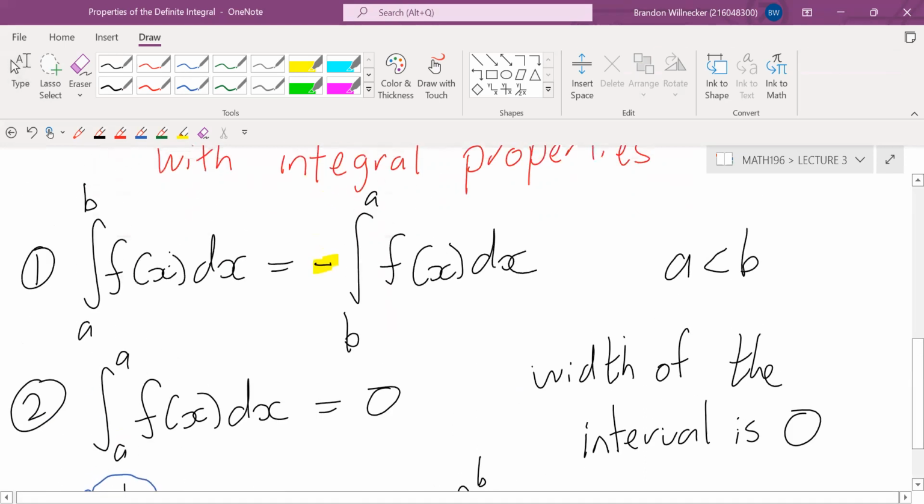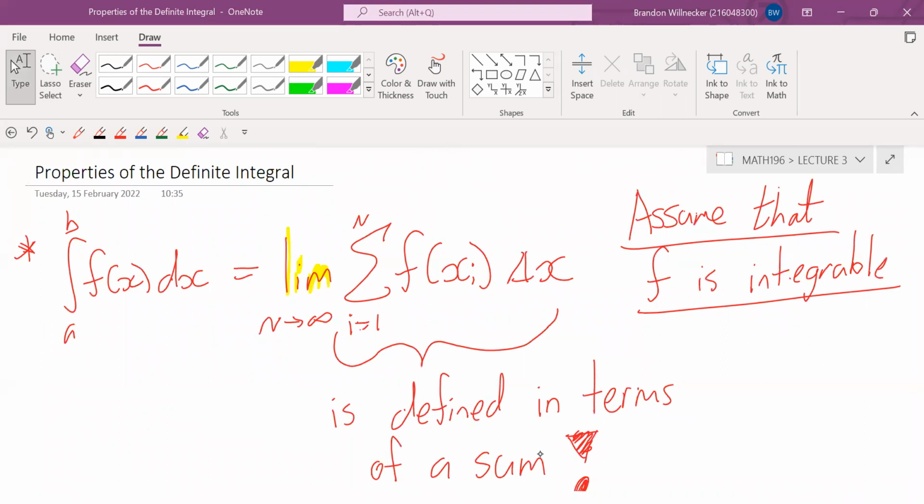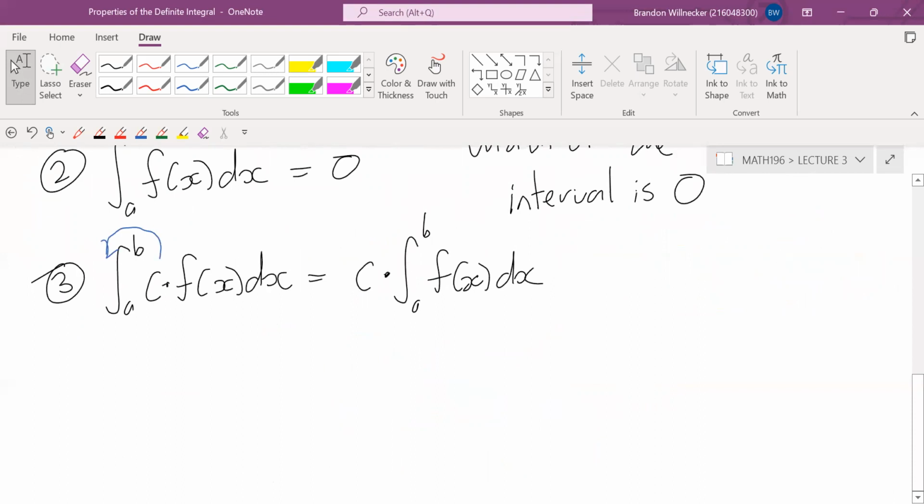Well, remember that the integral is defined in terms of a sum. If you have a constant inside the sum, you can take the constant outside of the sum. And with limit laws, we can take constants outside of limits. So it's one hop out of the sum, another hop out of the limit, and so altogether we can take it outside of the integral.